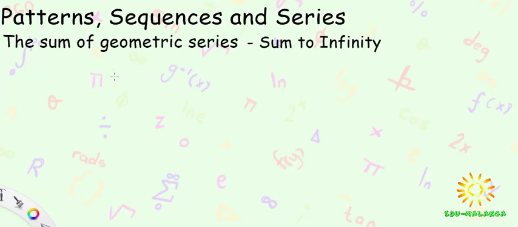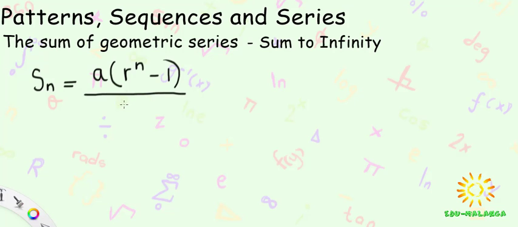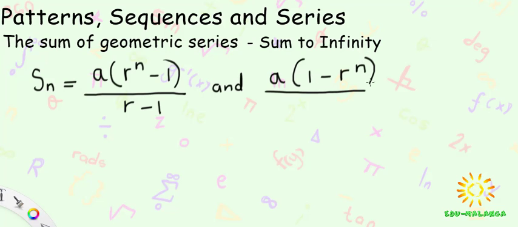If we remember, when we did the sum of geometric series, we derived two formulae that we used to sum the terms of a geometric series. I'll write them down. We had that Sn is equal to a times open brackets r to the power of n minus 1, close our brackets, divided by r minus 1, and the other formula was a times open the brackets, 1 minus r to the power of n, close the brackets, over 1 minus r.